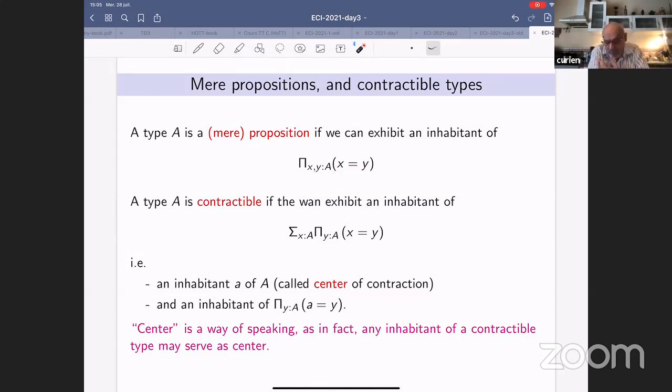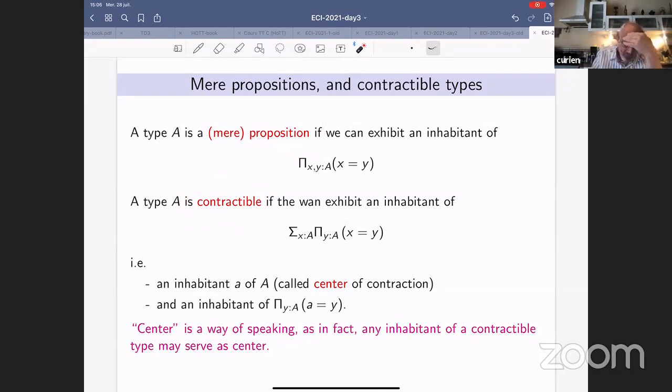So what matters is to have or not to have inhabitants, but there is no difference between inhabitants. Contractible is a variation because it says that the type is inhabited, and then it says that everything is equal to this inhabitant. In a while, we will see that contractible types are, of course, propositions.